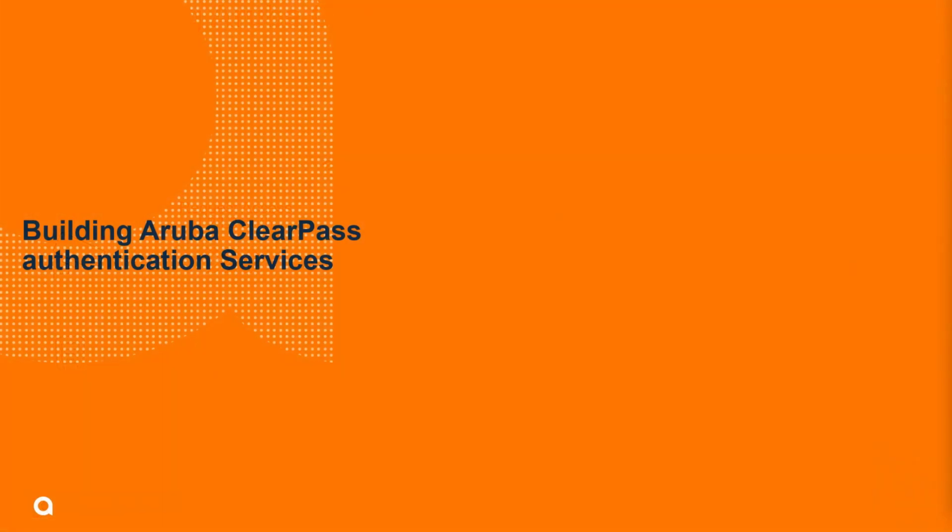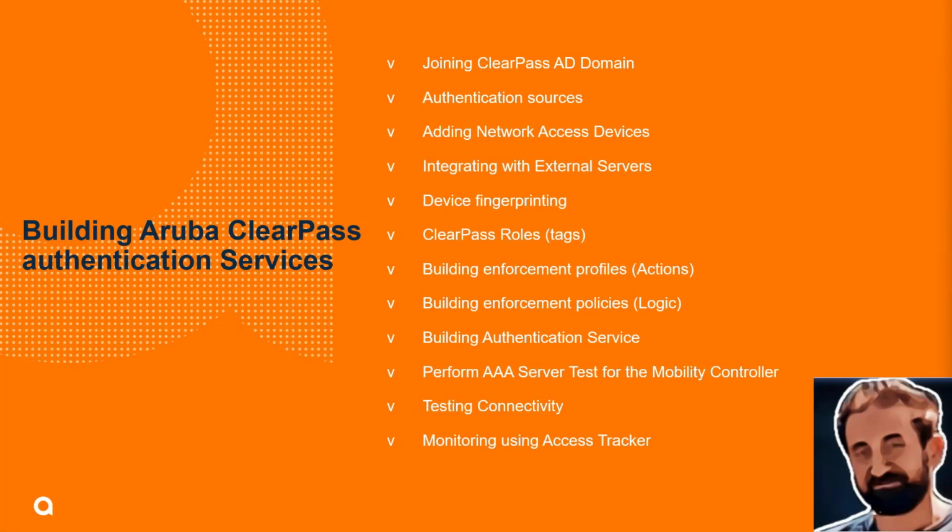So mainly speaking, we're going to talk about a bunch of things. The list of things that I would like to talk about is how to join ClearPass to an AD domain, Active Directory domain, how the authentication source can be configured, how to add the network access device, and how to integrate with external servers, like mobile device management as well as messaging service SMTP.